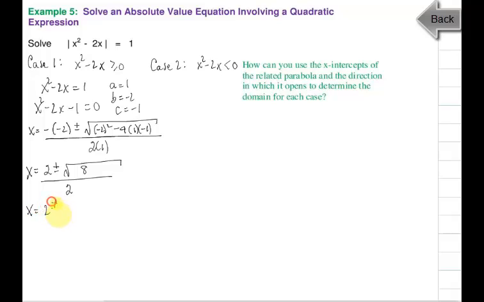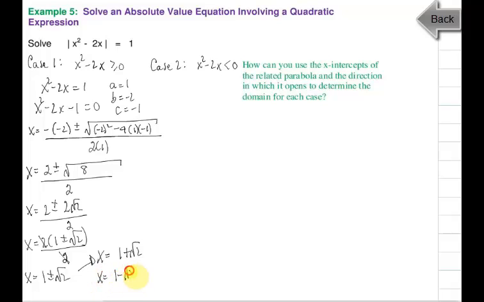That gives us 2 root 2, divided by 2, and now we can reduce our 2's, but let's factor the 2 out of the numerator. This would be a better way to do it, and we get 1 plus and minus root 2 over 2, and then we can reduce our 2's, and so x is equal to 1 plus and minus root 2. Okay, so that means x is equal to 1 plus the square root of 2, and x is equal to 1 minus the square root of 2.